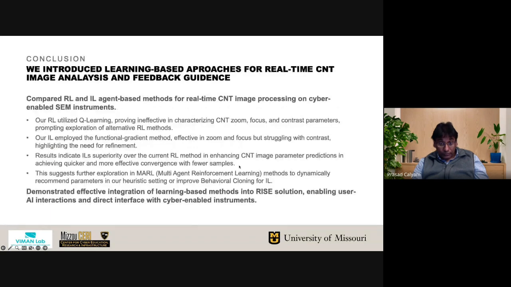I want to conclude by saying that what we've shown in the remote instrumentation science environment is that AI methods like RL and IL agents can be really effective for real-time image processing that can help with manufacturing CNTs. This process again involves both simulation and experiment.